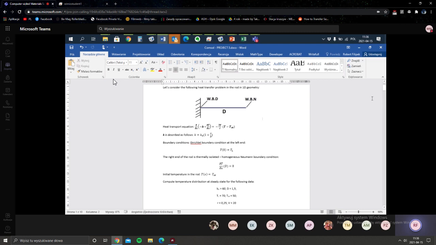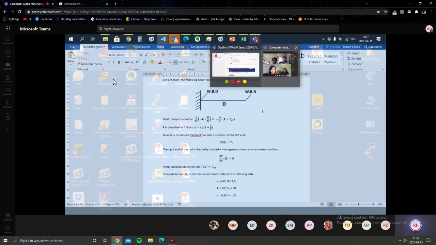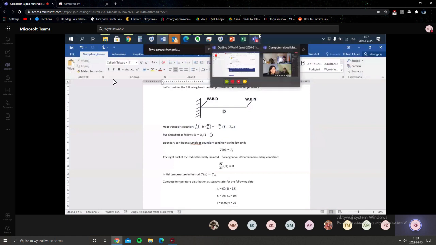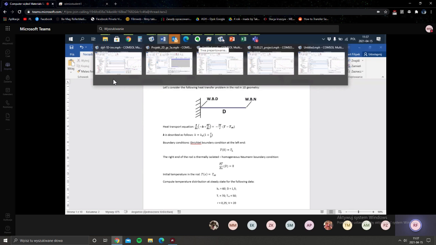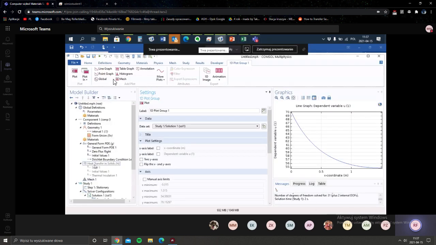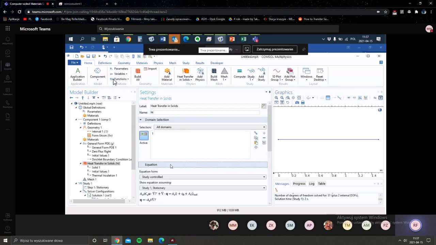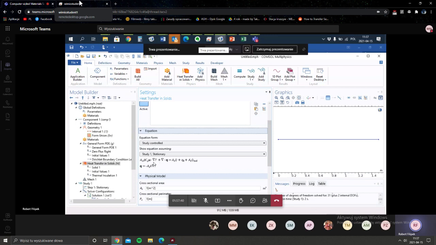So general form PDE, an interface which can be adapted to our particular model. And COMSOL provided another possibility because quite a lot of people deal with heat transfer problems. So they prefer to use some predefined values, and those predefined values mean here that, for example, they can use heat transfer in solids interface. And in such a case, the equation which describes this problem is generally, you can see some expression which takes into account convection, because U here means convection, and we have some sources which are described in the documentation of this model.